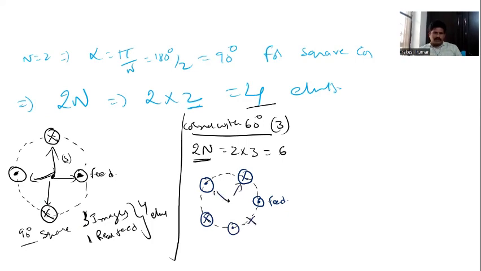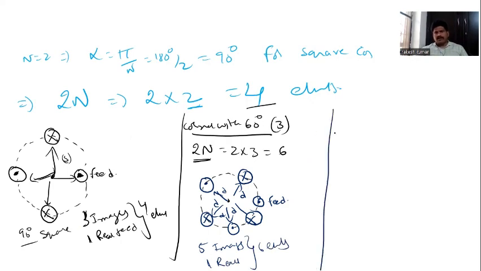All are separated by the spacing, which is D or S. Here, how many images are there? 5 images and one real feed. Totally, how many elements are there? 6 elements.